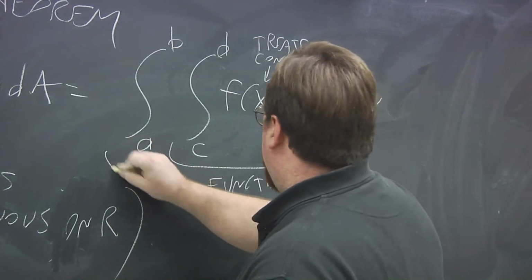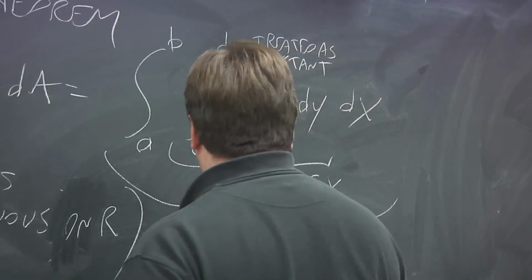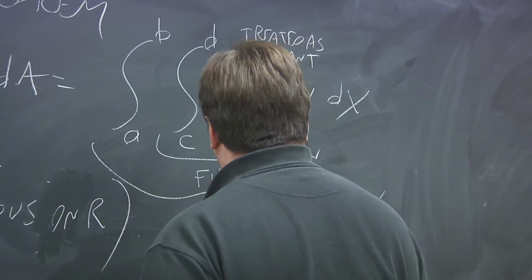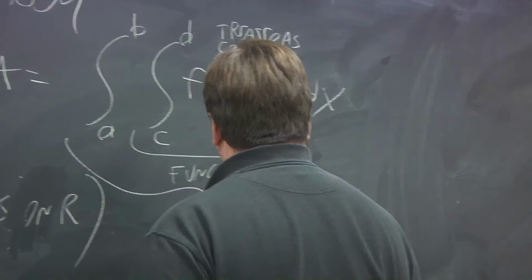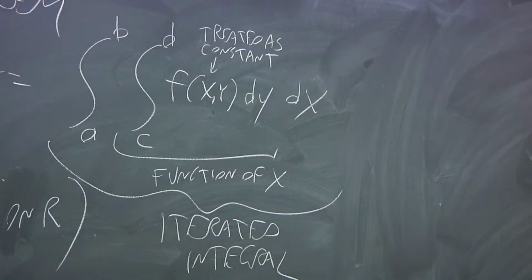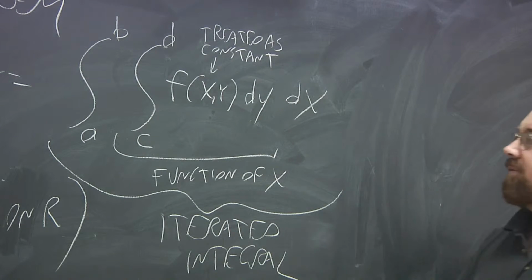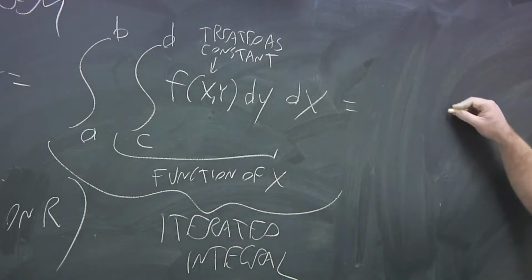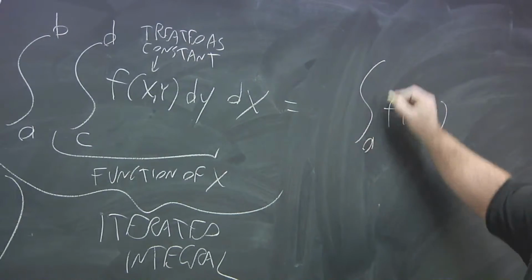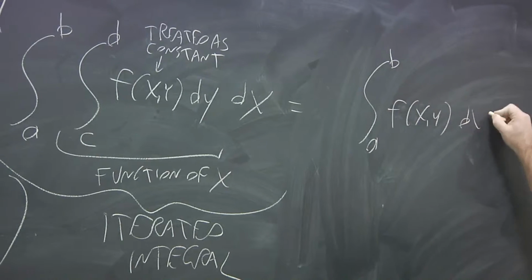So this whole thing is called an iterated integral. You can treat a double integral as two single integrals evaluated in sequence like that. So that's one way to do it. The other way to do it is take f of x, y, integrate it from a to b with respect to x.